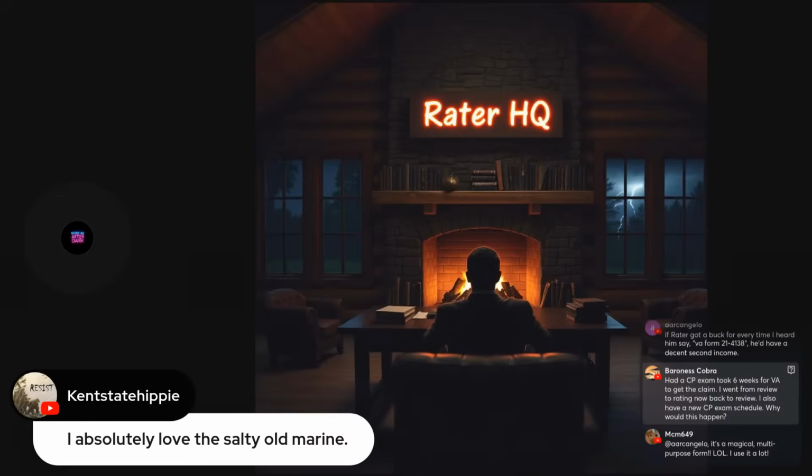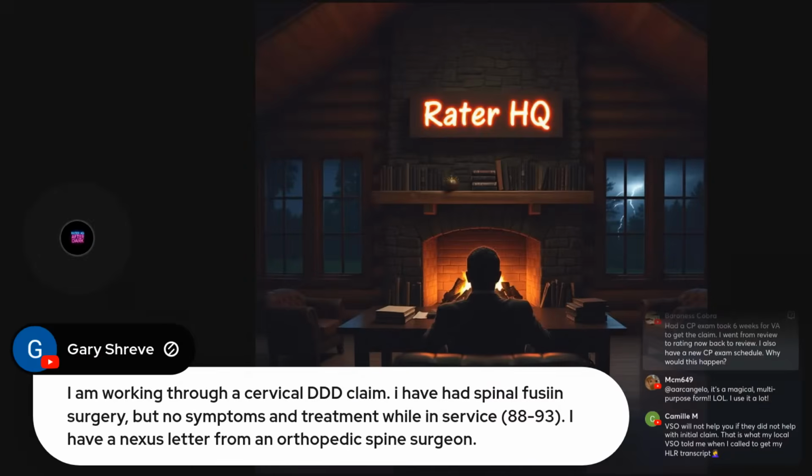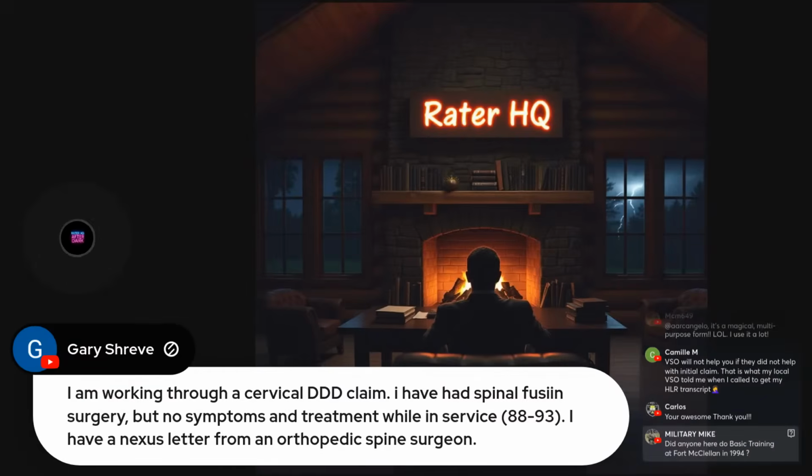I'm working through a cervical degenerative disc disease claim. I had spinal fusion surgery, but no surgery or treatment while in service. Okay. You had to have some kind of neck injury in service, and some kind of neck symptoms prior to the spinal fusion.